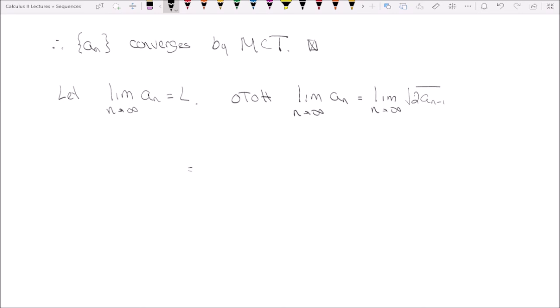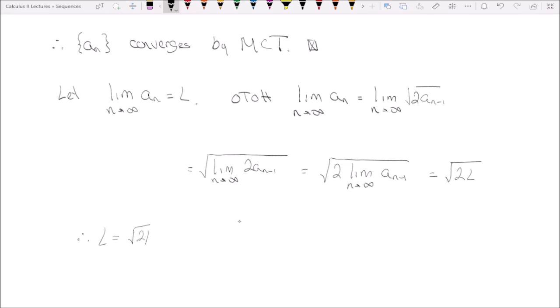Well, that equals the square root of the limit, which equals the square root of 2 times the limit. But that limit has to be L. Thus L has to equal the square root of 2L, which means L squared is equal to 2L, or L squared minus 2L is 0.